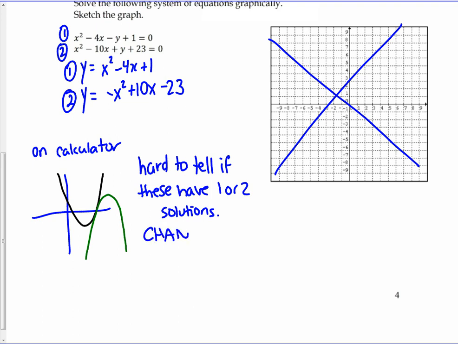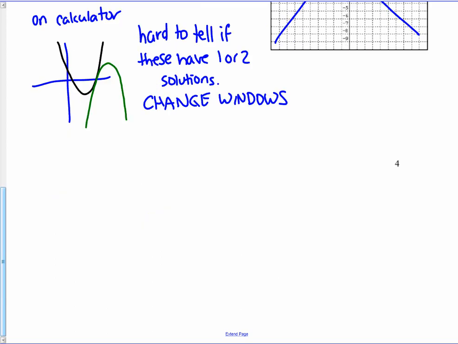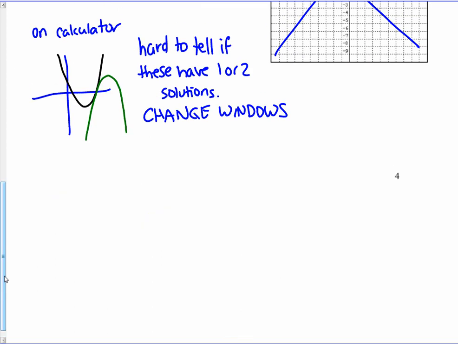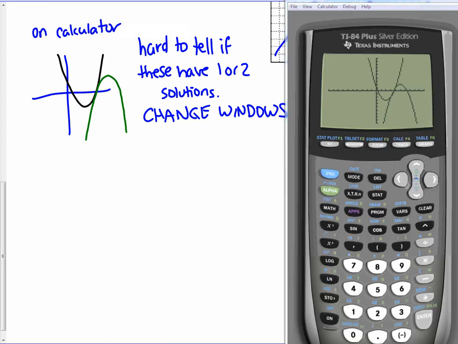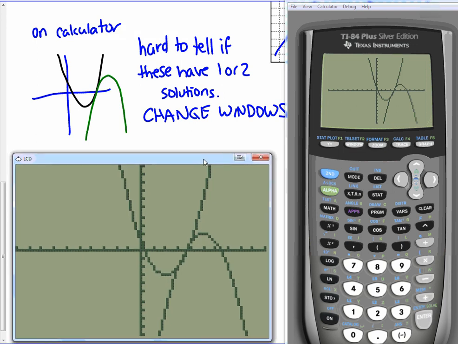Change the windows. Zoom in. We need to be sure. What should I change my windows to? Where do we want to zoom in close to? We want this area in here.